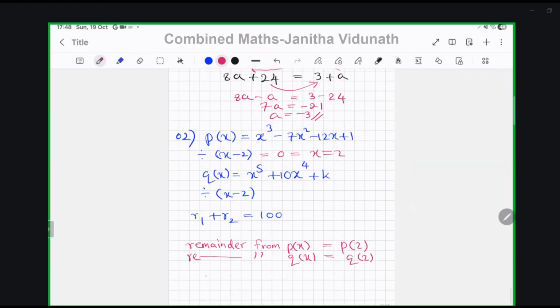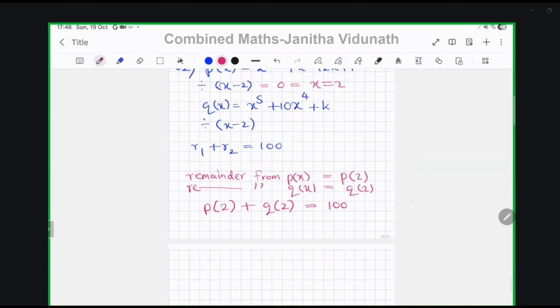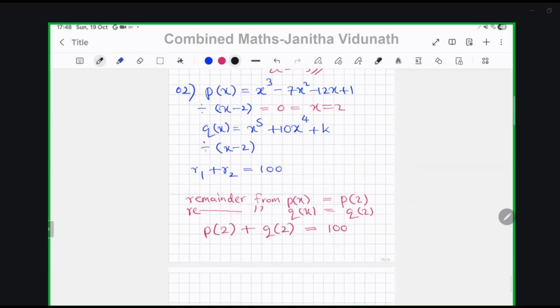The summation of those two remainders is equal to 100. Now we need to find the value for k using this equation.